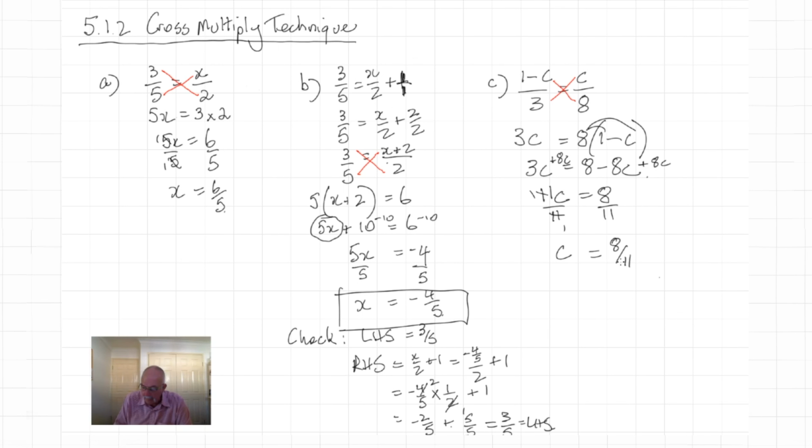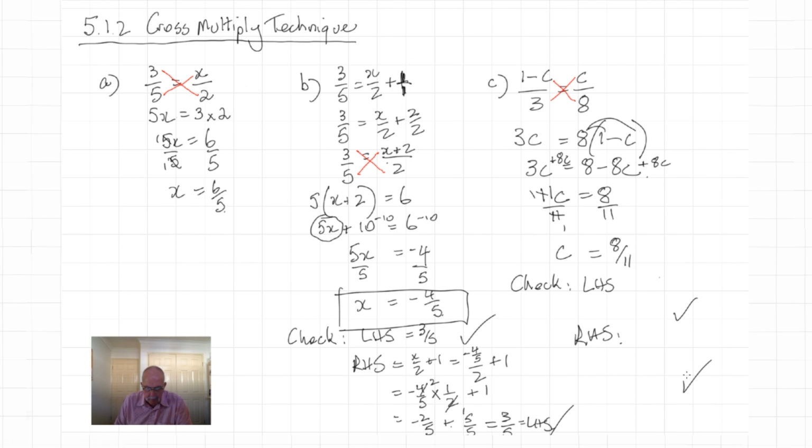Alright, now I will leave it to you to do the substitution, to do your check: the left-hand side, and work through and put 8 on 11 in there, and then the right-hand side, and hopefully you'll get the left-hand side and the right-hand side equal to the same thing, like we got down here.